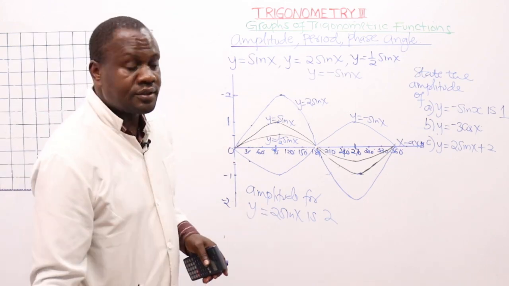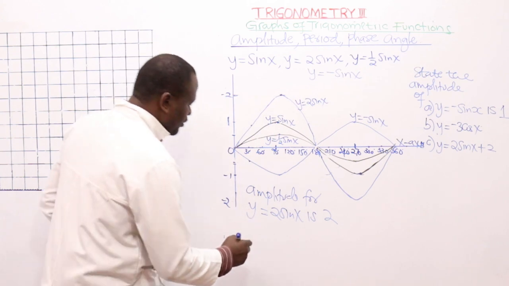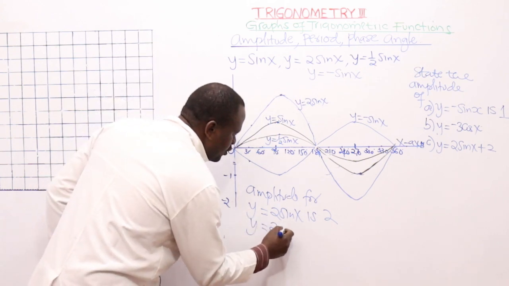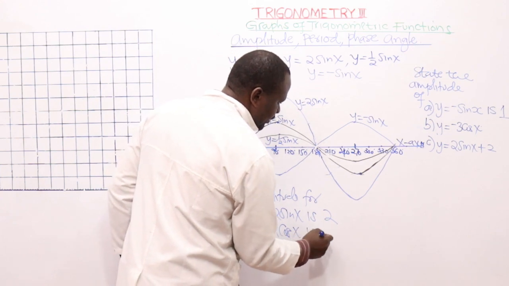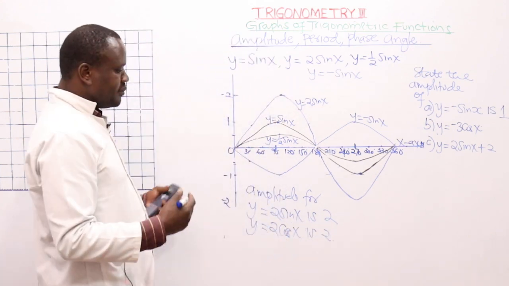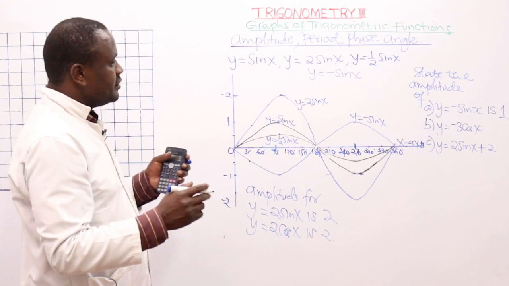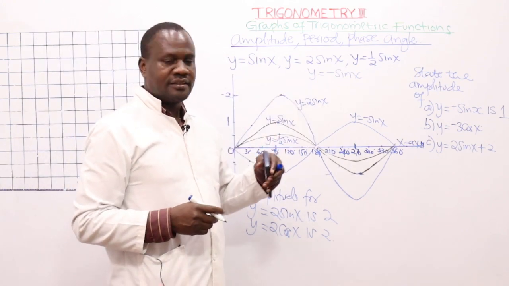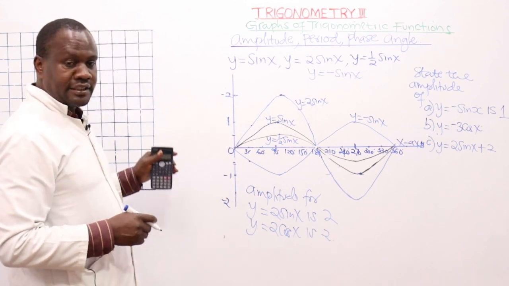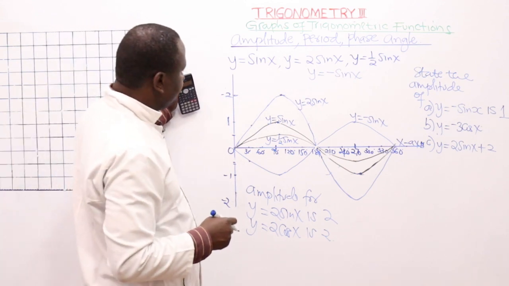The same with y is equals to 2 cos x. These graphs behave the same way. They are waves. But this does not apply to the graph of tangent.